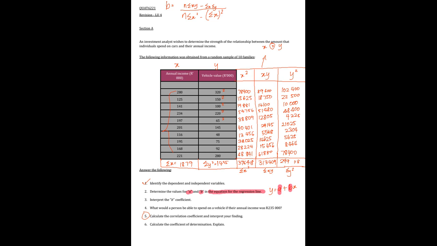Okay, so this is the formula for B. So it's n times the sum of xy minus the sum of x times the sum of y over n times the sum of x squared minus the sum of x squared.